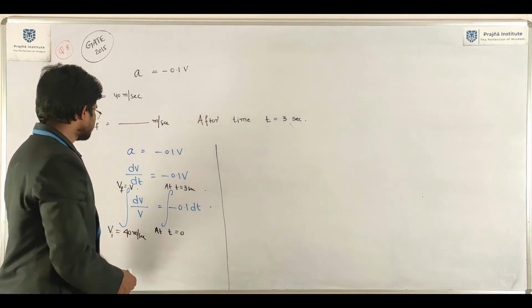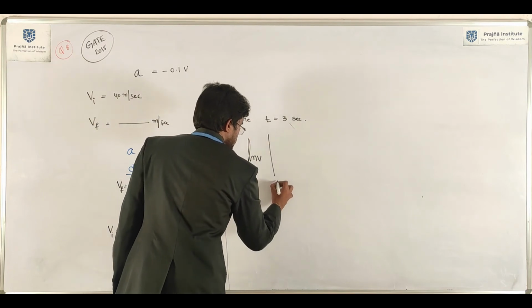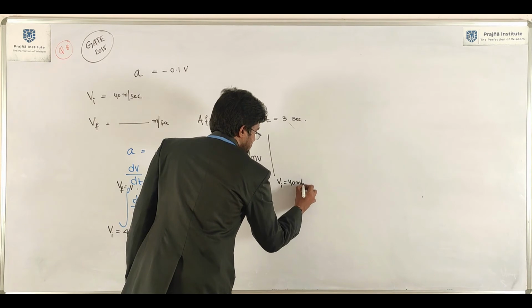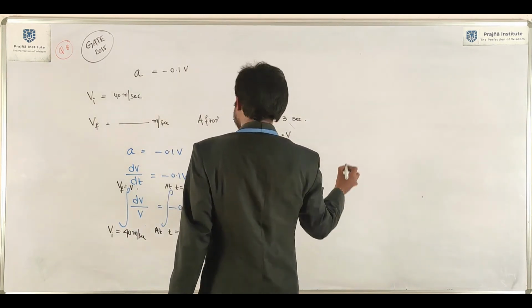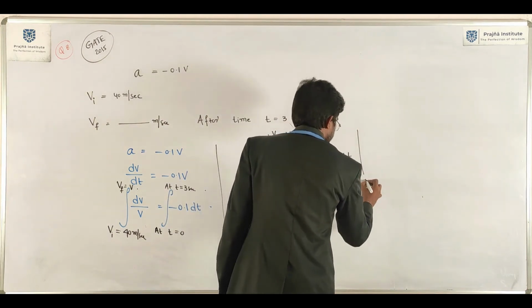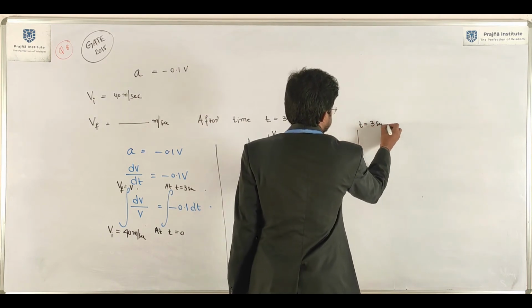Just apply integration. You will get ln v, from initial velocity 40 meter per second to final velocity v, equal to minus 0.1 t, from t equal to 0 seconds to t equal to 3 seconds.